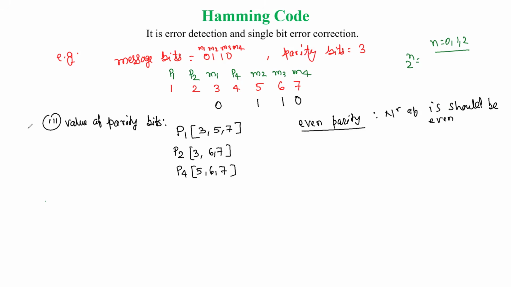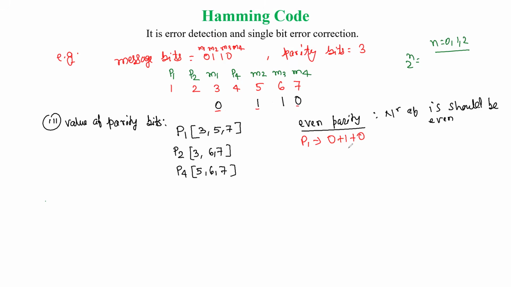So in that case, suppose we look for P1. To find P1, what are the positions we have to look at? Third position. Third position is what here? 0. What is the fifth position? 1. What is the next, seventh position? 0.